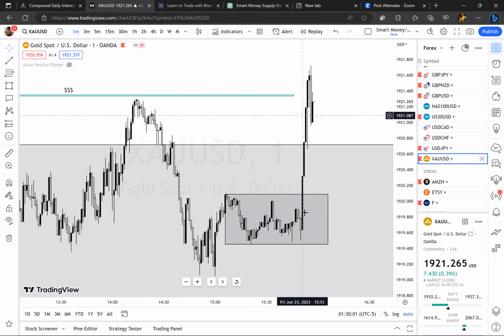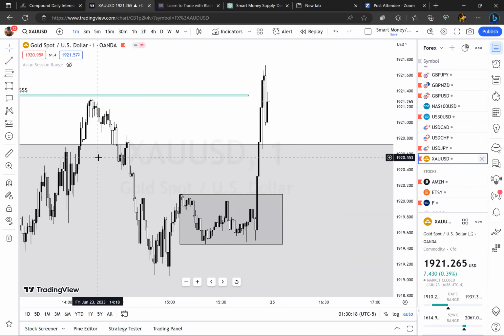See this violent move that broke this structure right here? Remember I told y'all, the expansion got to be violent. It's consolidation, expansion, retracement, and then reversal. Well, I was on right here. Boom. I was on right down here.